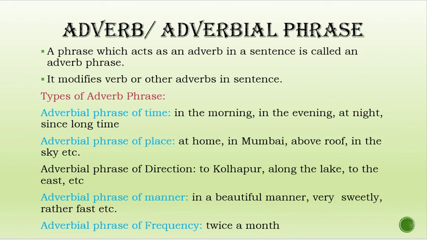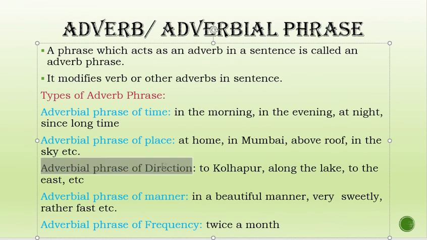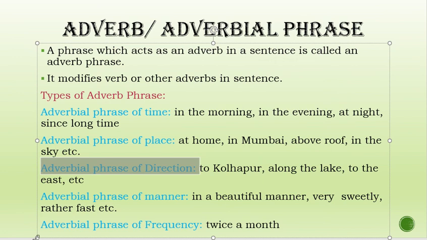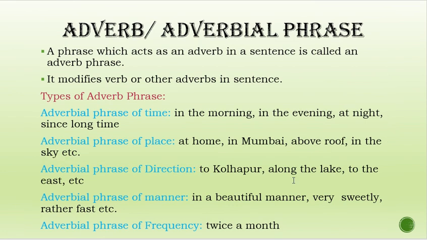Types of adverb phrases: adverbial phrase of time, adverbial phrase of place, adverbial phrase of direction, adverbial phrase of manner, and adverbial phrase of frequency. These are five types.